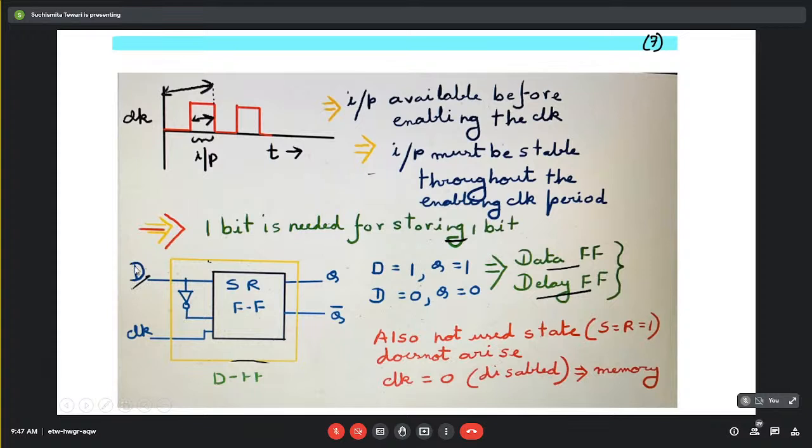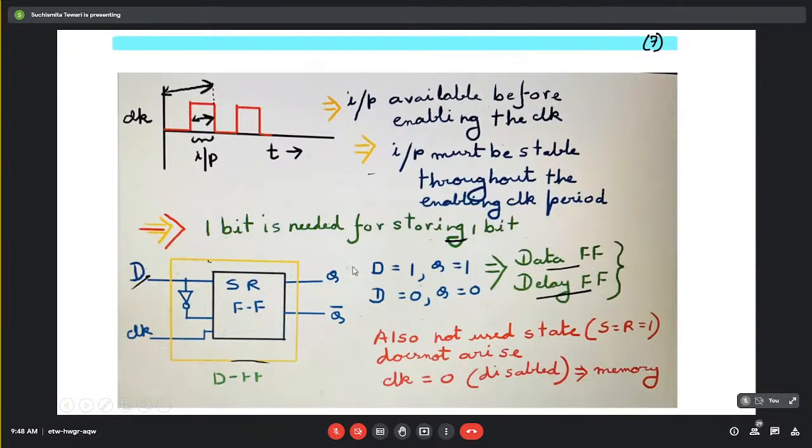Now here D stands for data or delay. Why data? Data means it is simply storing the data, or storing the bit. And delay means that at the input I am giving 0, at the output I am getting 0. So all it has to do is suffer the amount of delay this total circuitry offers.